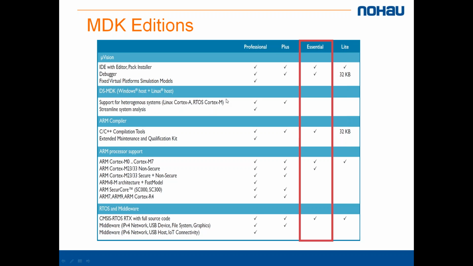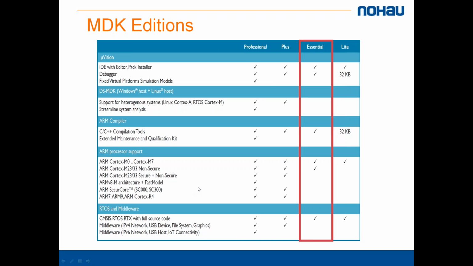You also have support in the MDK for heterogeneous systems, support for all the different cores, and you get the middleware level 2, so IPv6 network, USB host stack, and IoT connectivity encryption package. This is available in the Pro package.